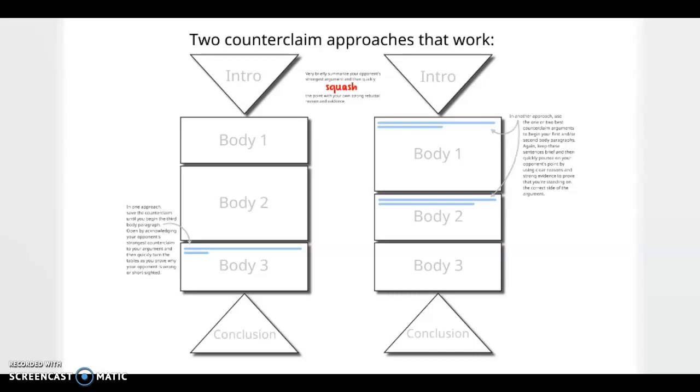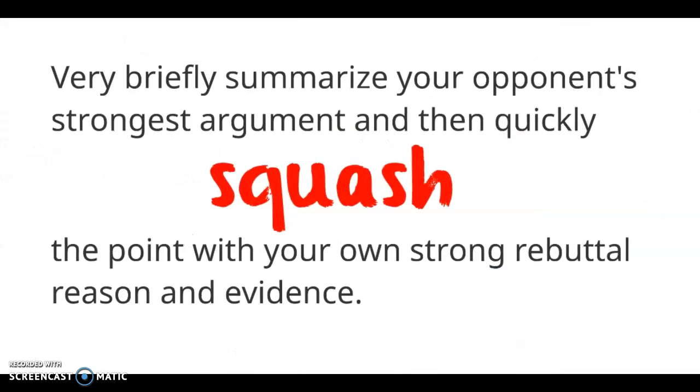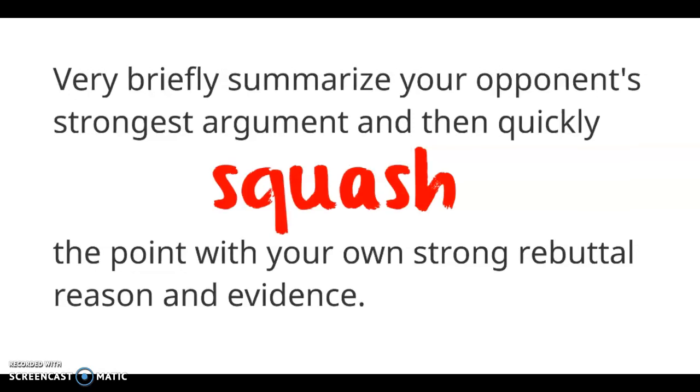There's kind of two ways you can do this at work. So again, with the counterclaim, you're very briefly summarizing your opponent's strongest argument and then quickly squash the point with your own strong rebuttal, which is your countering of their claim. So going against them, what you would say against them, and evidence.